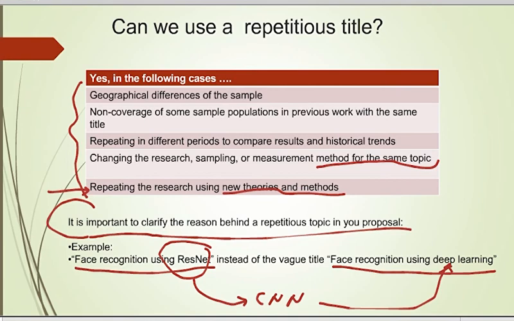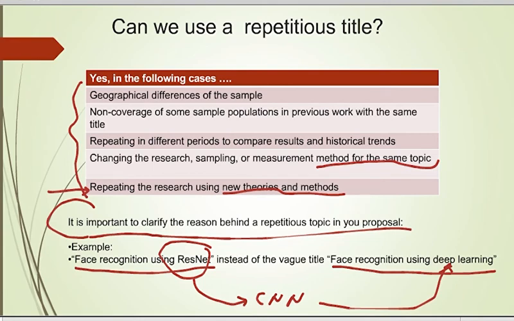Read the paper, find out what method of deep learning, what kind of network they used. And instead of repeating their title, say, instead of saying face recognition using deep learning, change your title with your own network. Face recognition using ResNet.